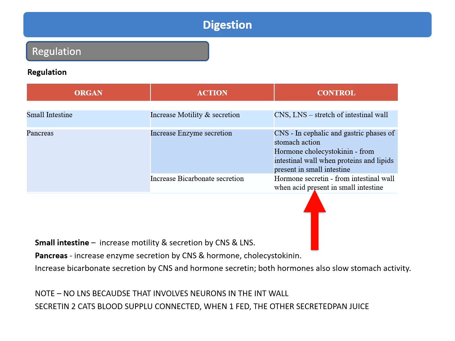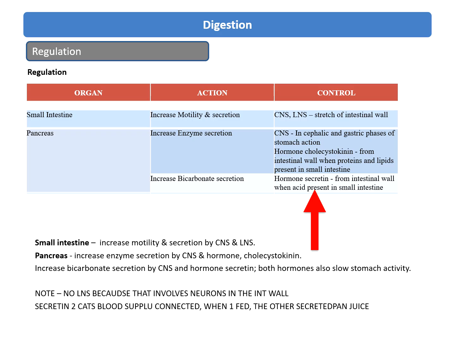The bicarbonate secretion tends to neutralize the acids. This is under control of another hormone called secretin. This is from the intestinal wall when acid is present in the small intestine. You might wonder, why is it called secretin?